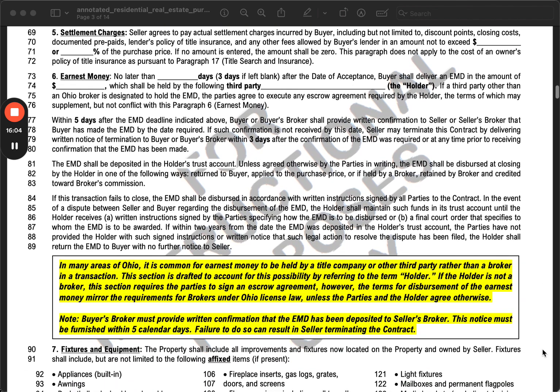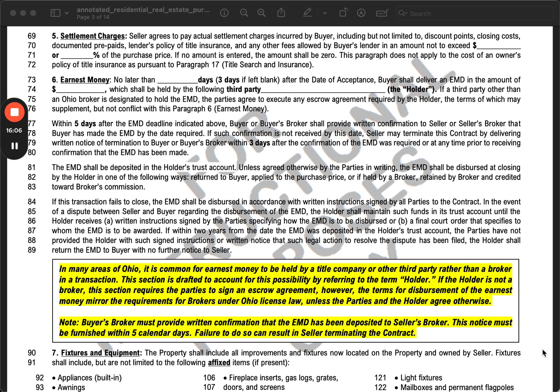Line 69, settlement charges. The seller agrees to pay actual settlement charges incurred by the buyer, including, but not limited to, discount points, closing costs, documented prepaids, lender's policy of title insurance, and any other fees allowed by the buyer's lender in the amount not to exceed a dollar amount or, on line 71, a percentage of the purchase price.